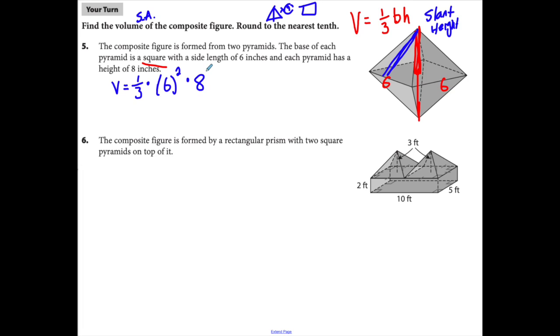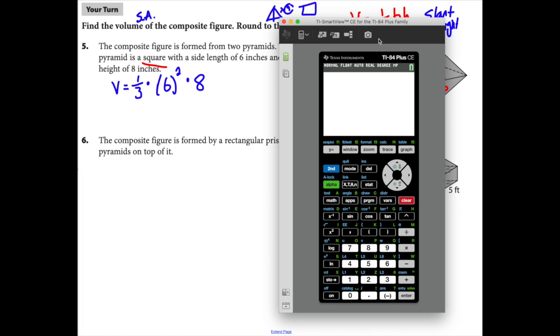Now this is something that I will plug into my calculator. Okay, folks, here I go. I've got my calculator here. So I'm going to do 1/3 times 6 squared times 8. There we go.